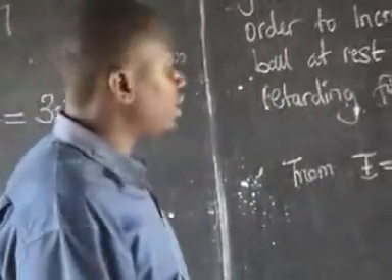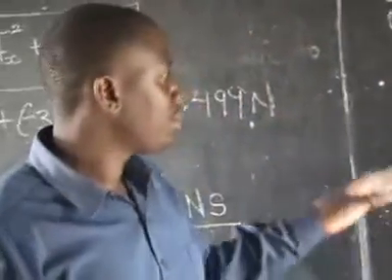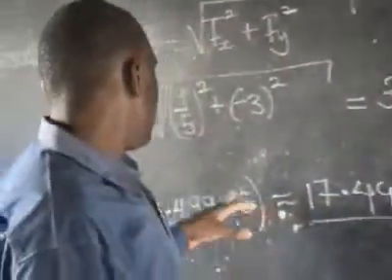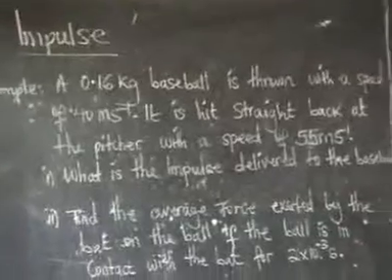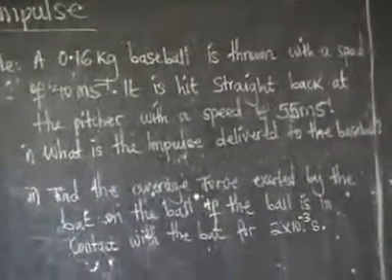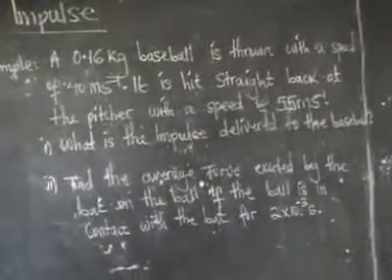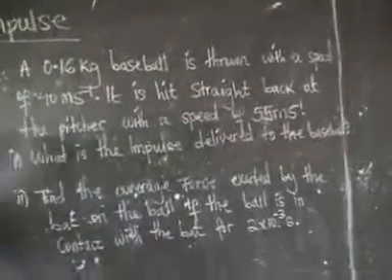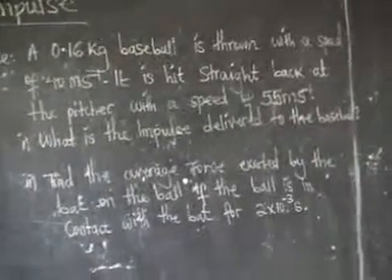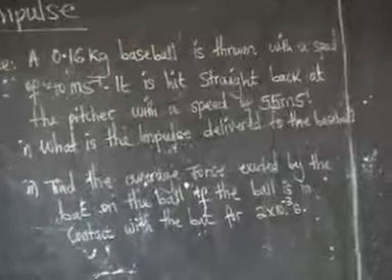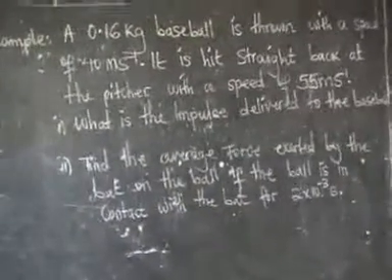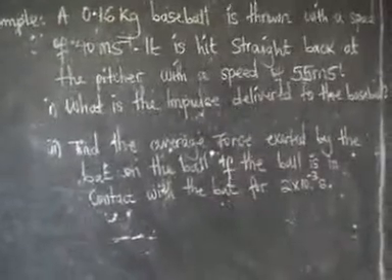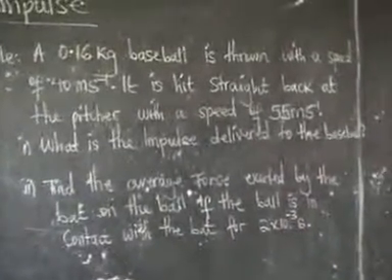So we are going to look at another example similar to what you have just covered. A 0.16 kilogram baseball is thrown with a speed of 40 meters per second. It is hit straight back at the pitcher with a speed of 55 meters per second.